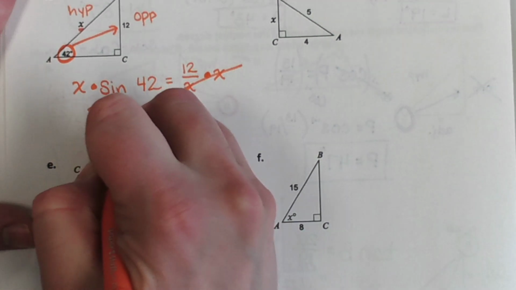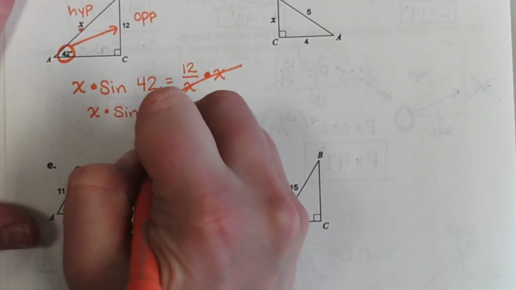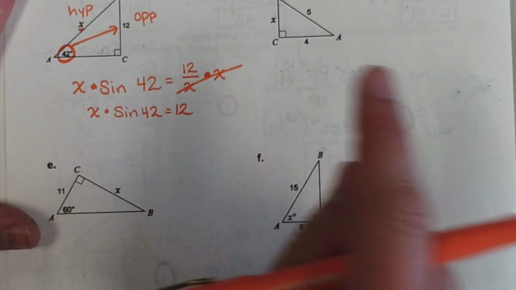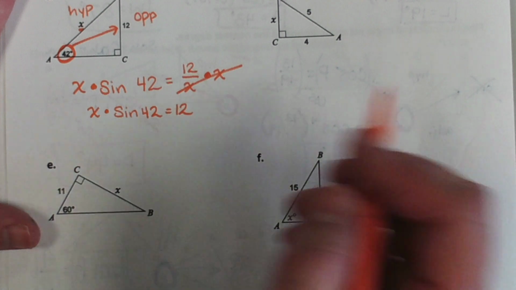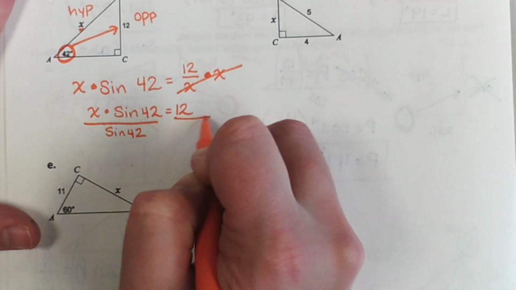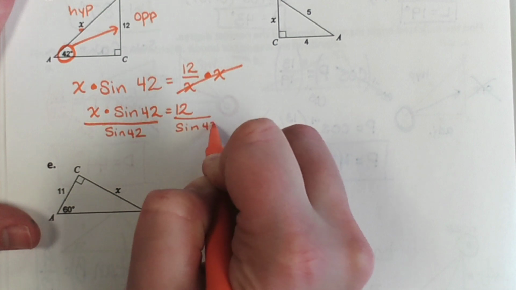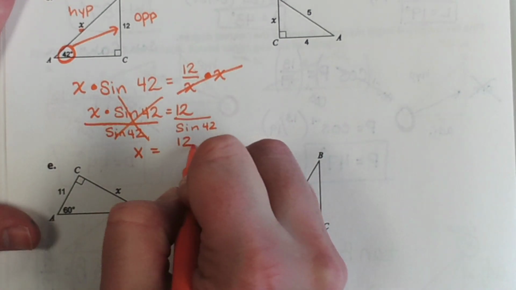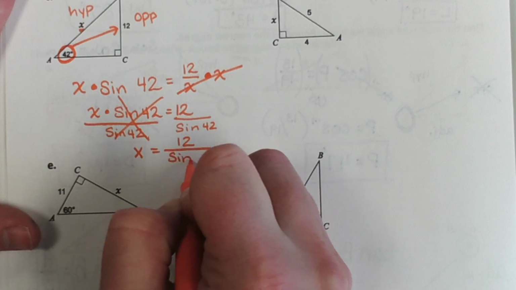So I've got x getting multiplied by this number equal to 12. If x is being multiplied by something, how do I get x alone? Divide by the number, which is sine of 42. It's not a pretty number, but it is a number. That goes away. X is whatever 12 divided by sine of 42 is.